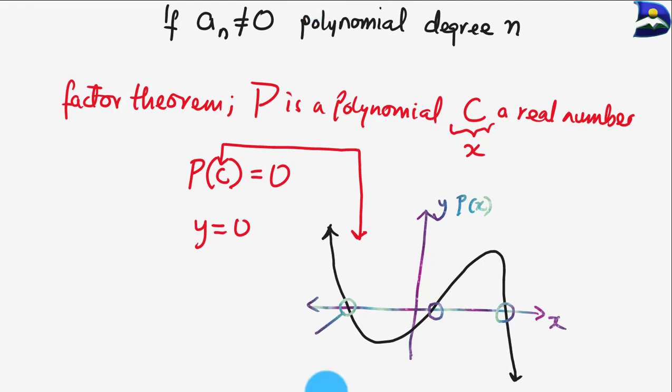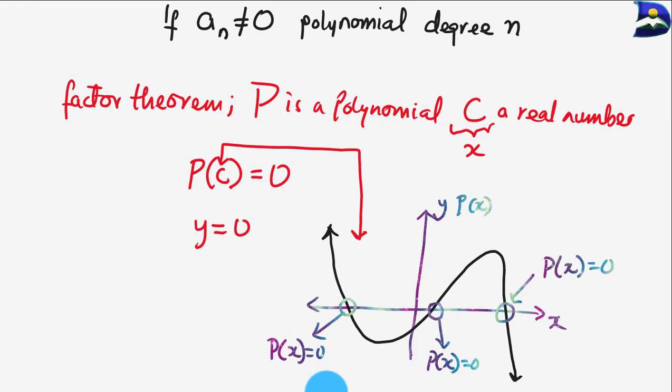So in here we have p at x to be equal to 0. In here we have p at x to be equal to 0. And in here we have our p at x to be equal to 0.